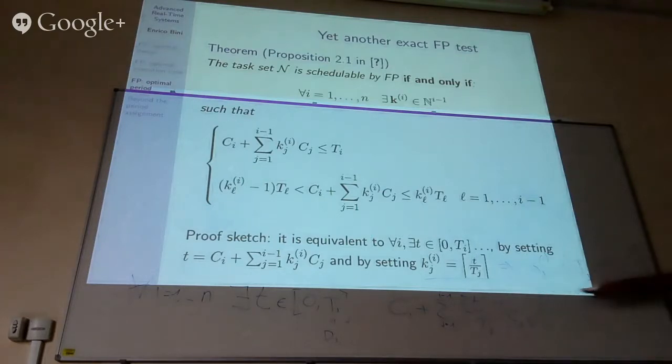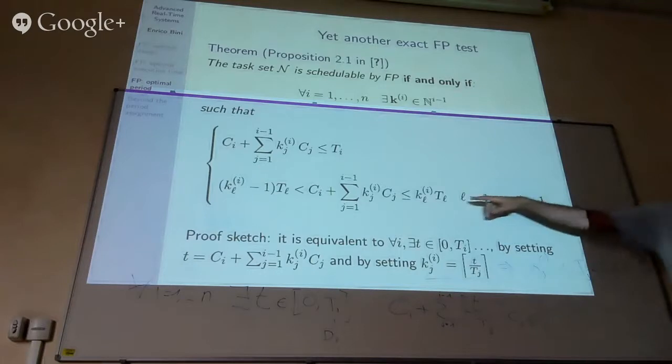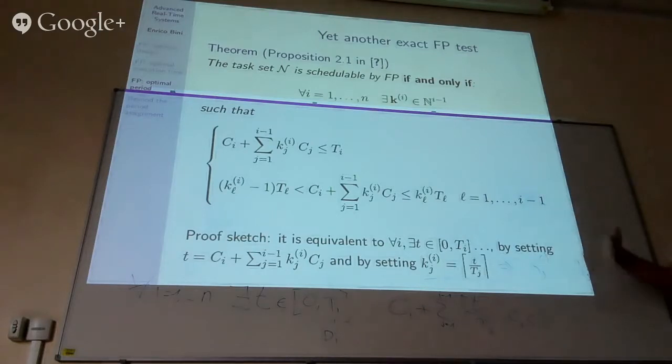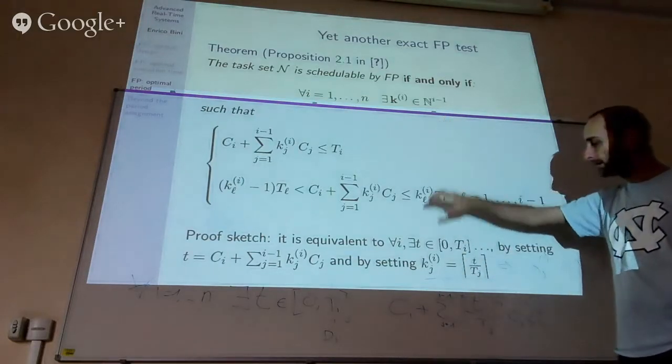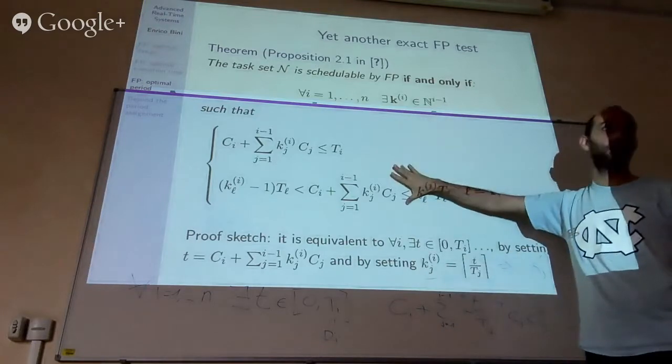So this is just the definition of ceiling. You can recognize the similarities with this. To make the long story short, I don't want to enter into the details of the proof, but the point is that by choosing the K in this way, those K satisfy also this property.